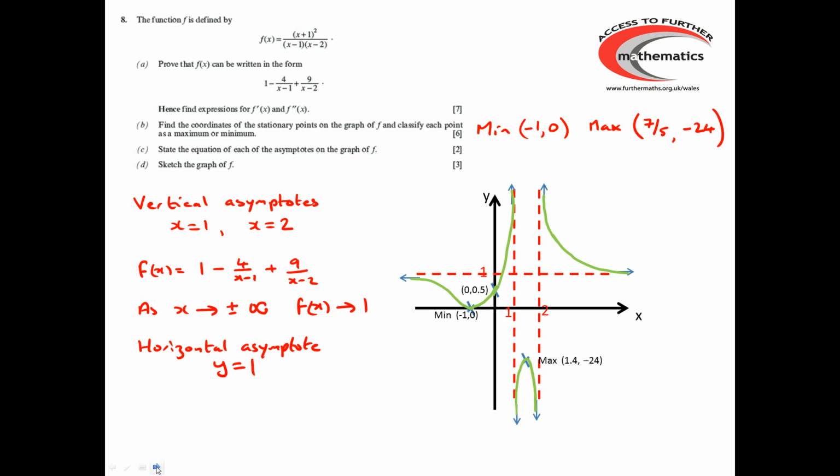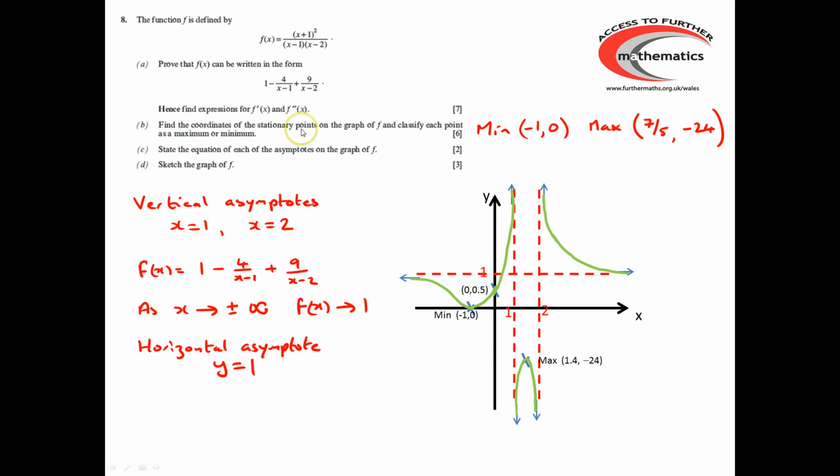Okay, so the marking for this example, there were 4 marks for moving from the original expression for f of x through to the alternative form, or vice versa. 2 marks for the first derivative and 1 additional mark for the second derivative.